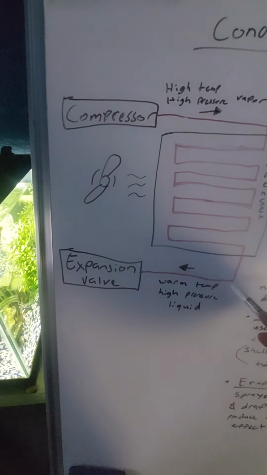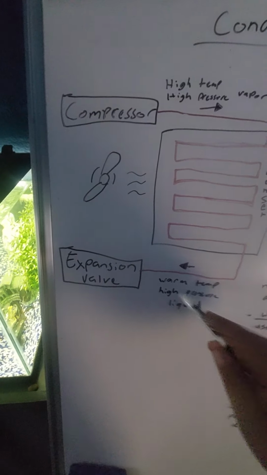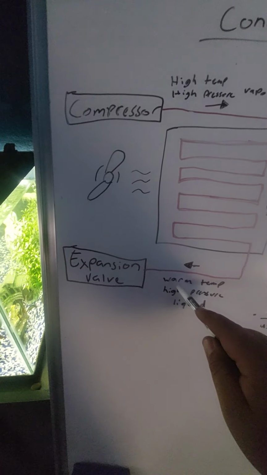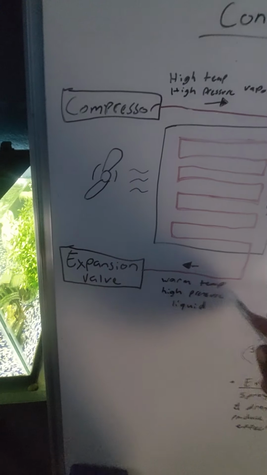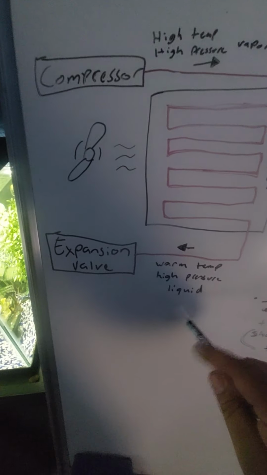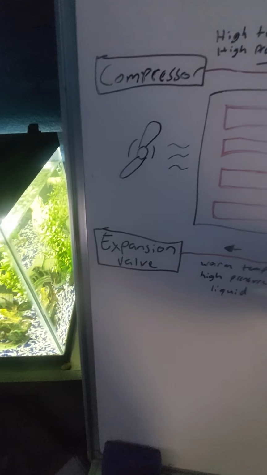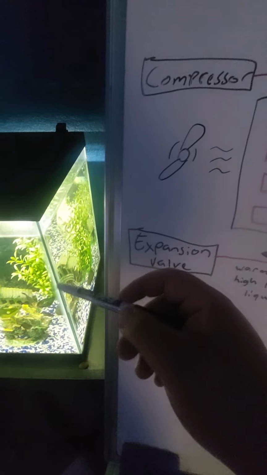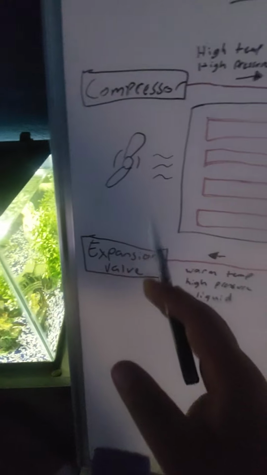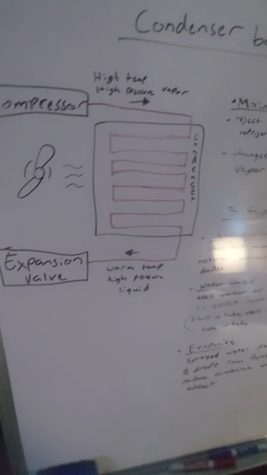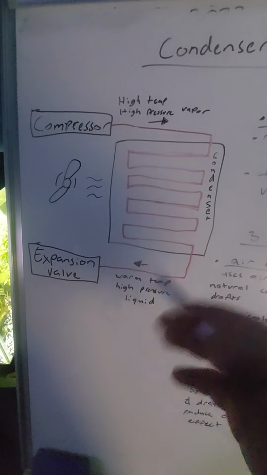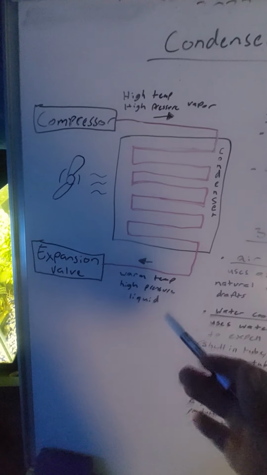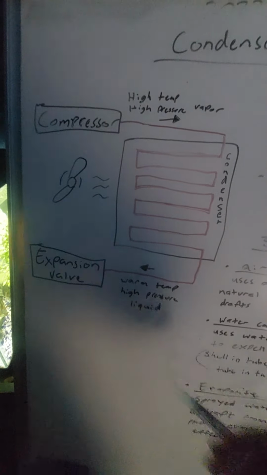It comes out of the condensing unit as a warm temperature, high pressure liquid, and then it's going to enter our expansion valve. After the expansion valve, it's a whole other side. We're not worried about that right now. So that's basically the rundown, or the basic idea, of a condensing unit.